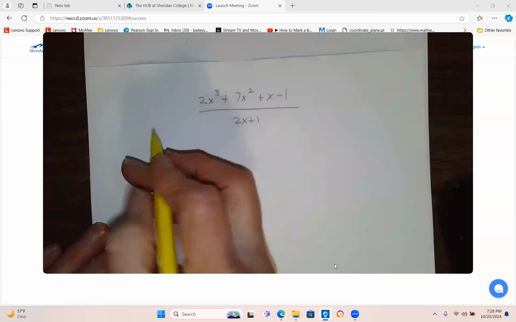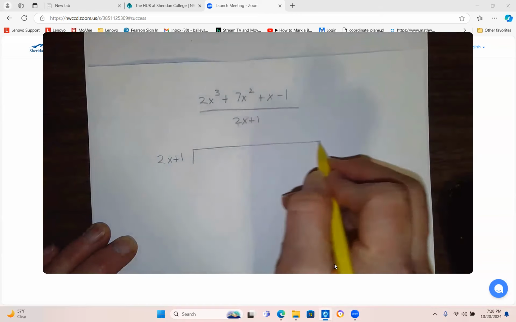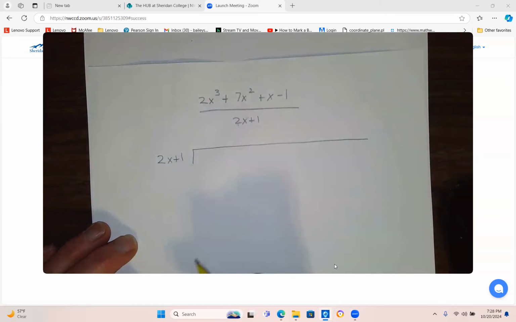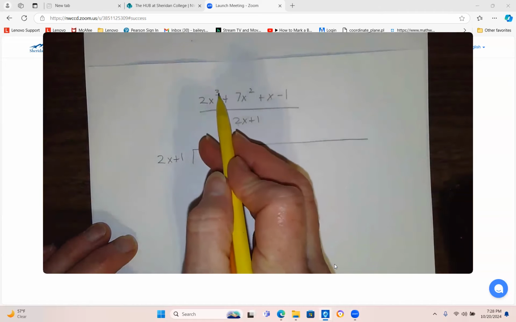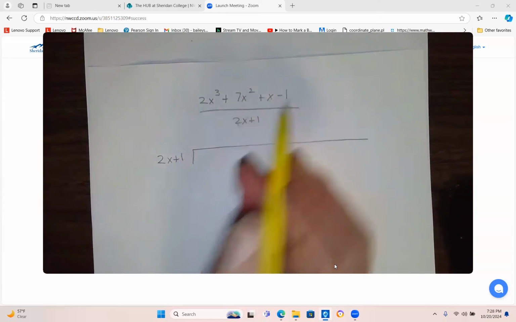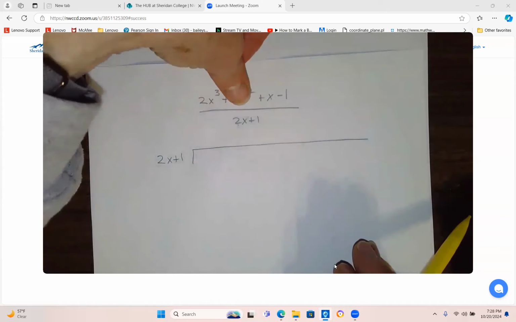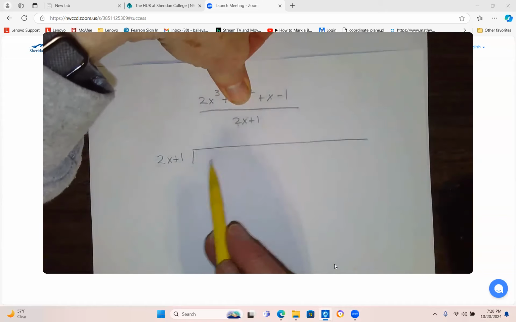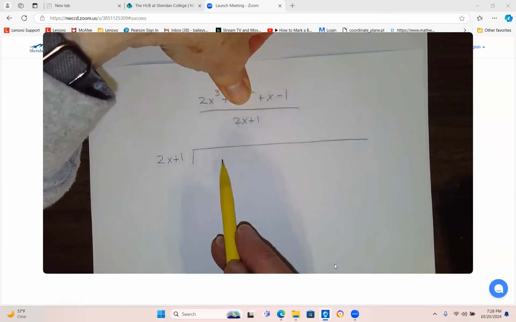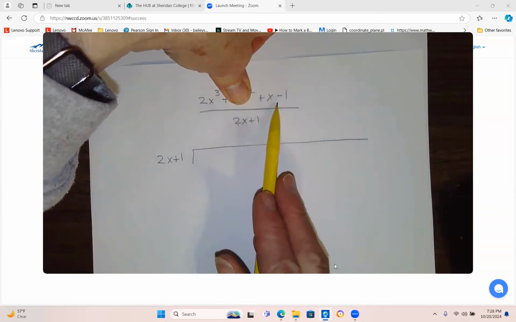So we'll put 2x plus 1. Now, one thing you have to remember, just like you do in synthetic, is the exponents here are 3, 2, 1, none. So if you're missing an exponent, you would have to put a 0x squared. Like if that wasn't there, I would put 2x cubed plus 0x squared plus x minus 1.